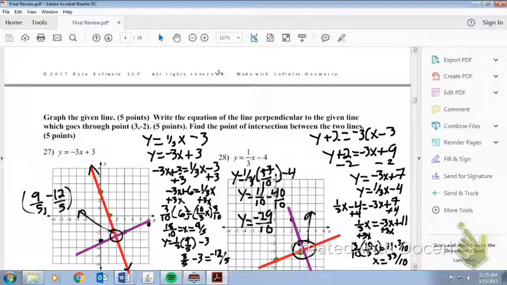So if we look at that point of intersection, we get 3.3, negative 2.9, and that looks pretty accurate. I'm going to keep it as a fraction and write 33 over 10, negative 29 over 10. Okay, good job, everybody.